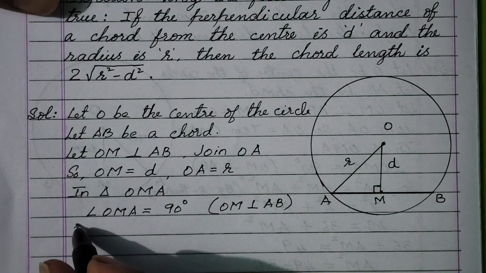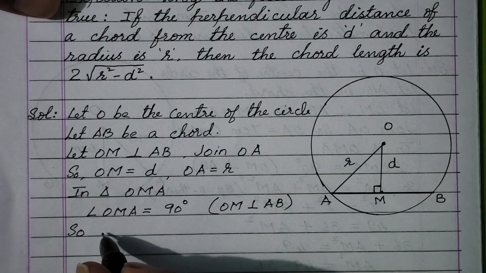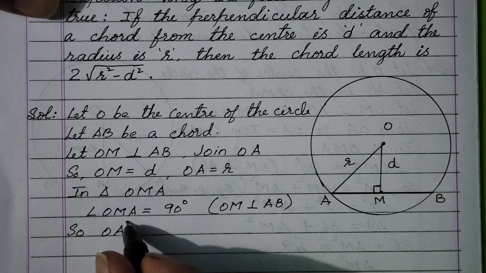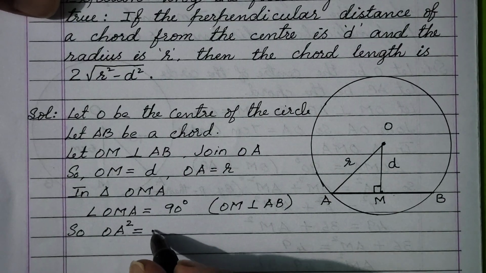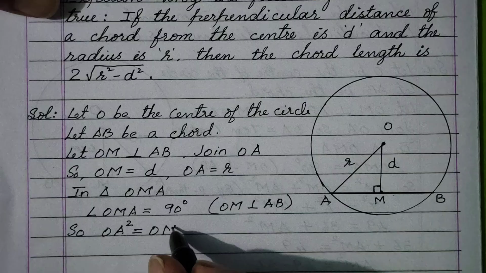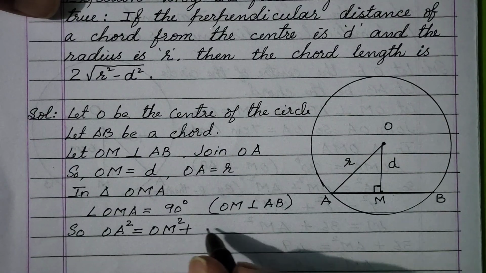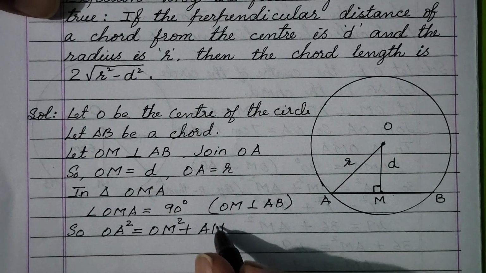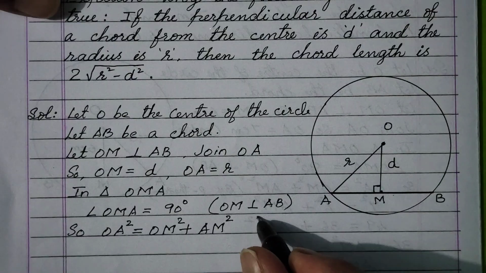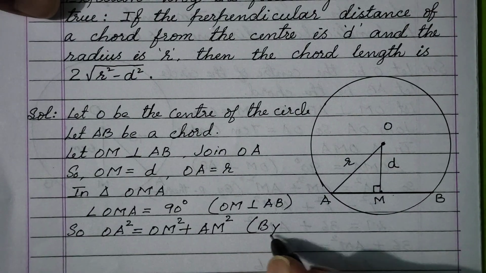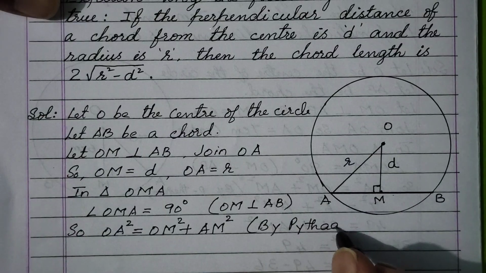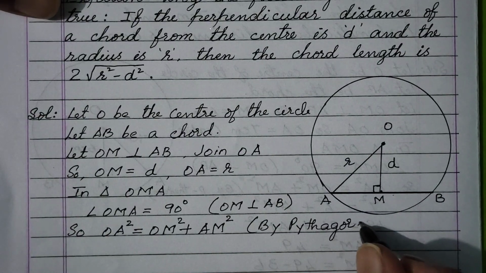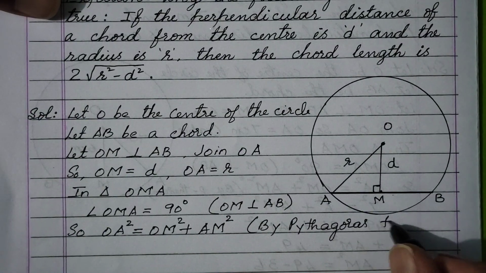So OA square is equal to OM square plus AM square by Pythagoras theorem.